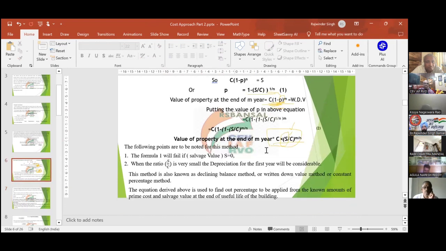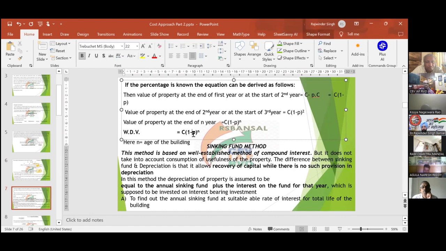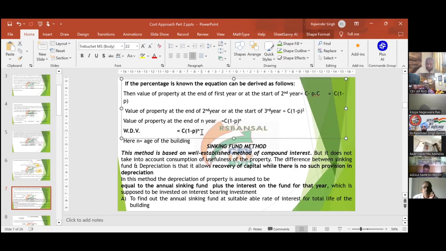Of course, if the salvage value is given, then you can use the other formula. Otherwise, you will assume a certain percentage of P and calculate the value at the end of a year using C into (1 minus P) raised to power n.